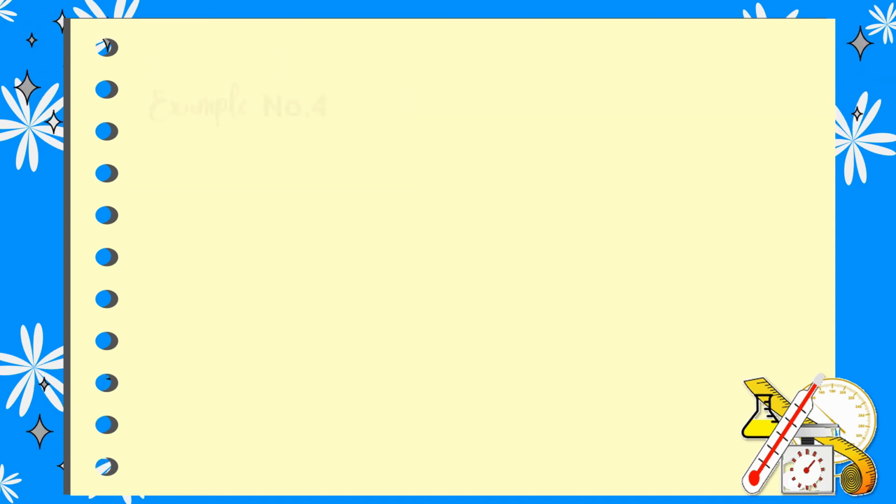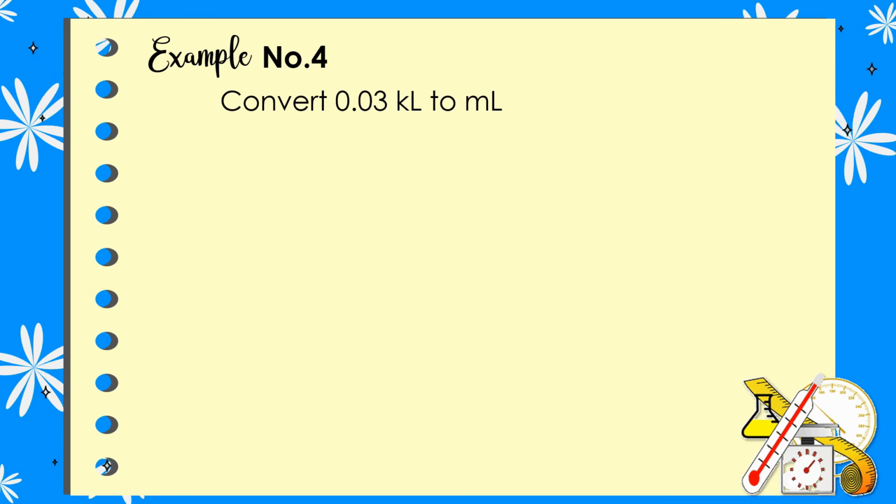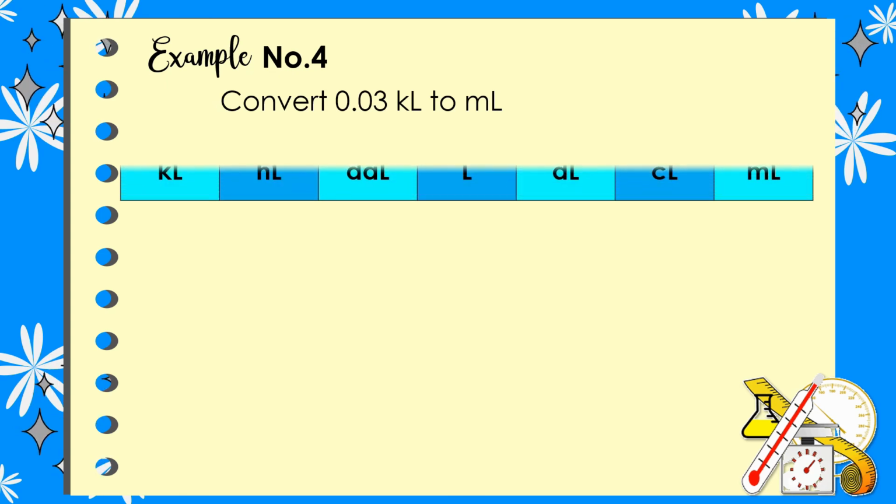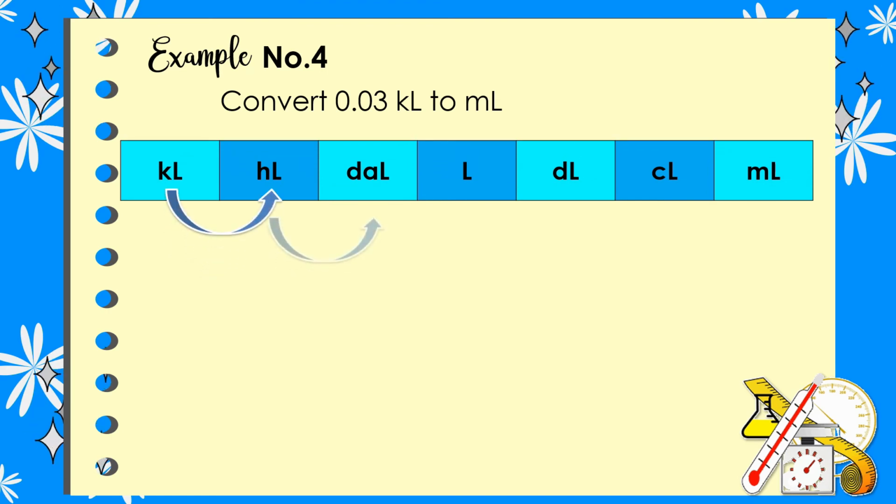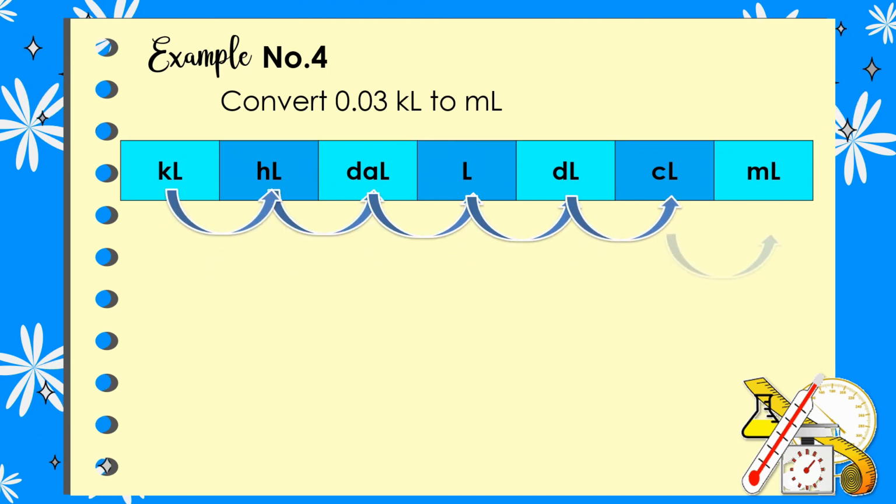Last example, convert 0.03 kiloliter to milliliter. Tignan natin yung distance sa isa't isa. That would be 6 units away. So, katumbas ng 6 decimal places going to the right.